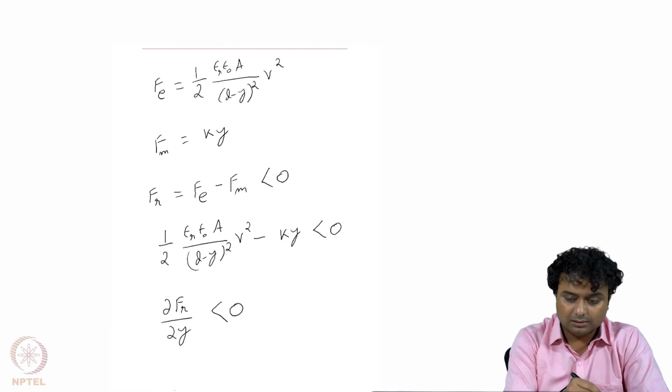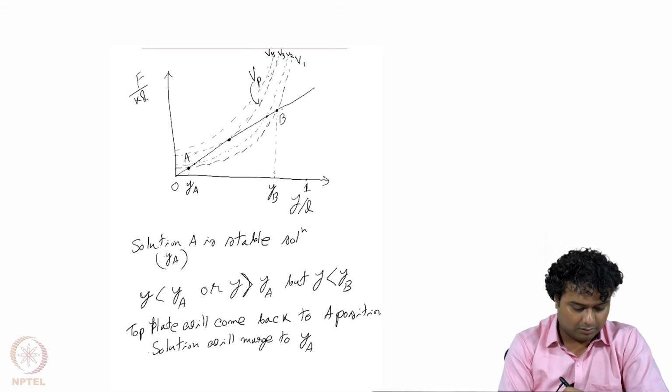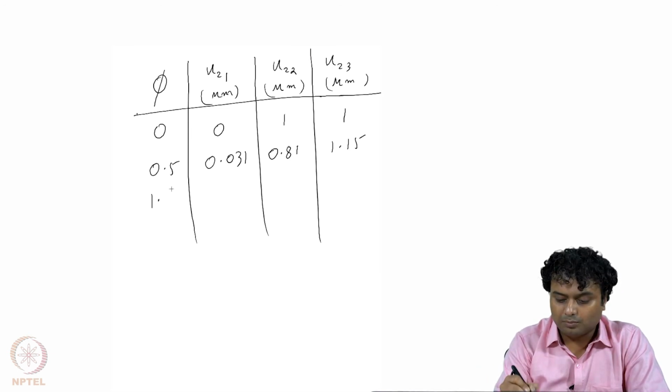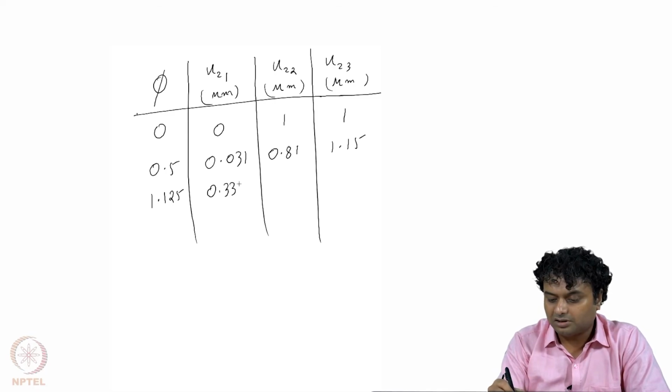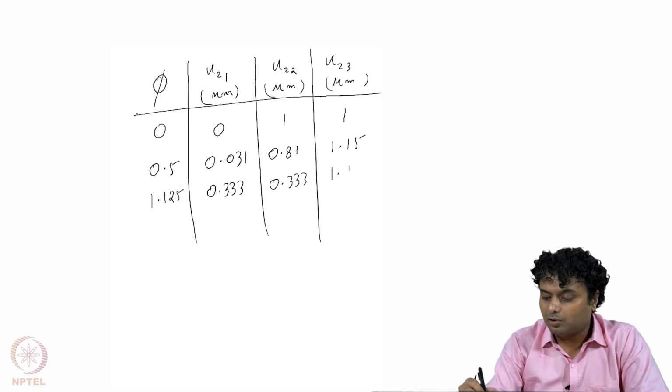And this is the root A, like in this graph. Let's go back. The first root is like this A point and the second root is like B point, right? Okay. Now take another voltage, 1.125 volt, and in that case you will see that the first two roots will be 0.333, and the second root also will be 0.33, and the third root will be 1.333.